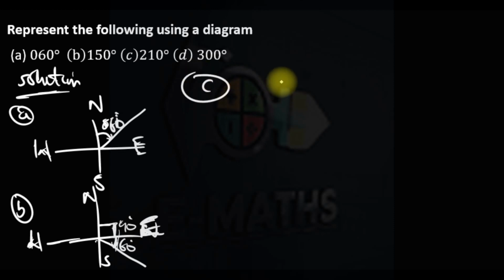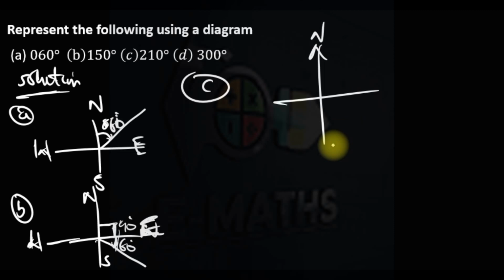Now the other one. North, south, east, west. So 210: this is 90 starting from north, 90 plus 90 is 180. So the remaining 30 makes it 210. So this is 30. That's our 210.